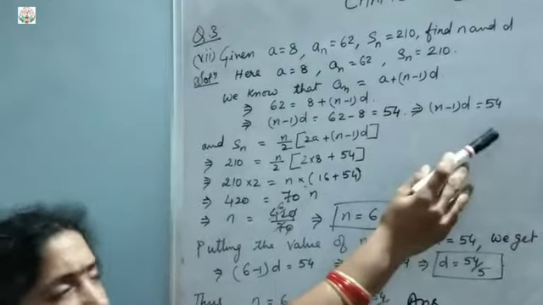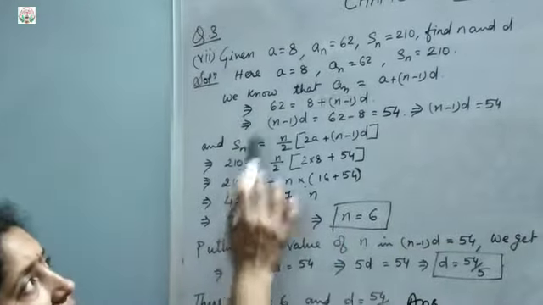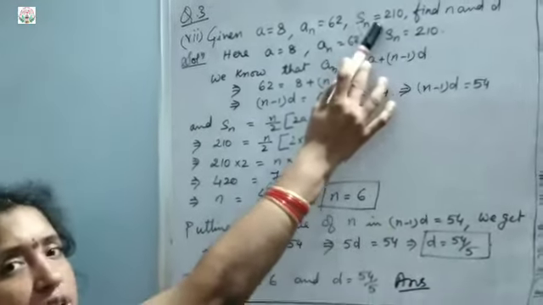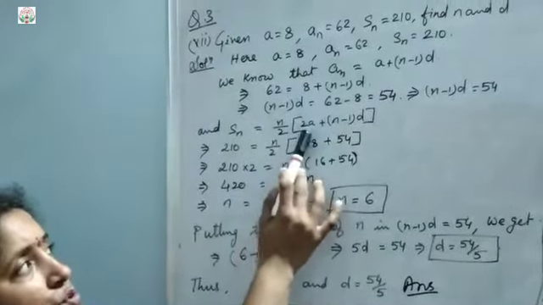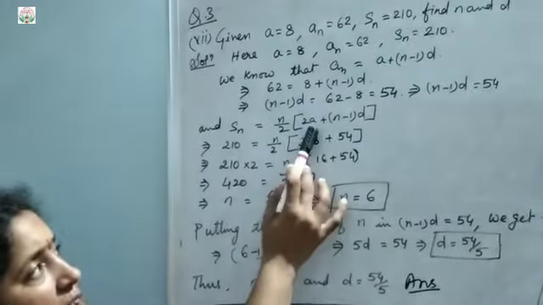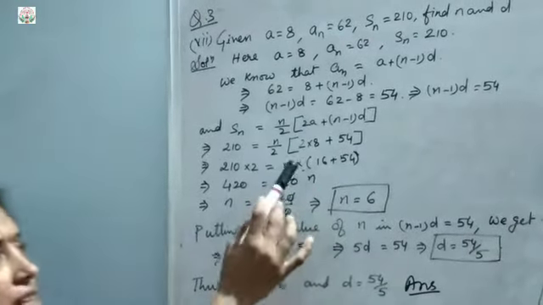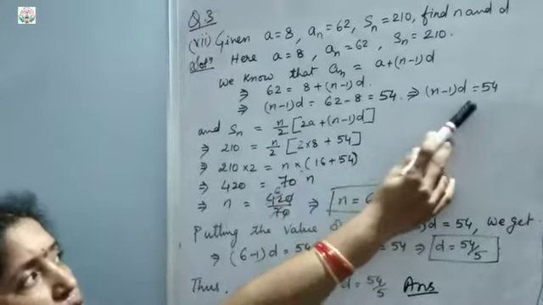Let it be equation 1, or like this only you can leave. Now in this second part what is given? Sn equals 210. Now the sum of n terms we know, n upon 2 into 2a plus n minus 1 into d. Now here the value of a we will put, and the n minus 1 into d value, we have found that 54.